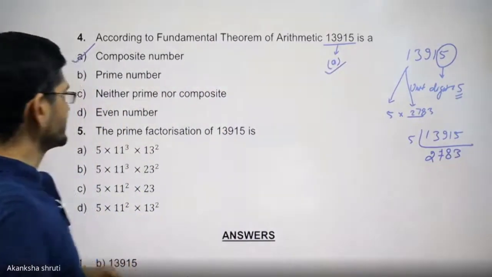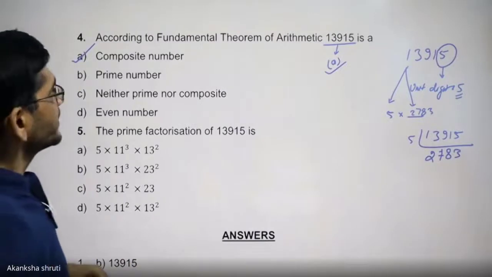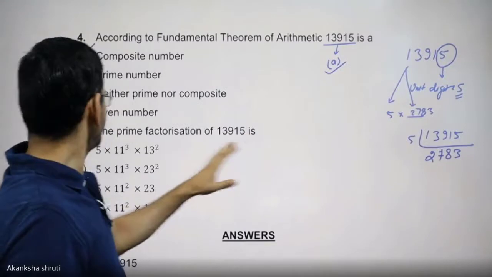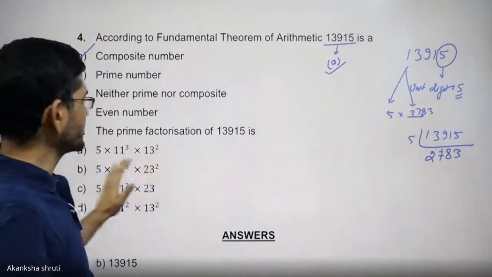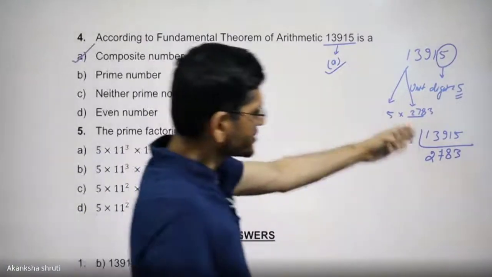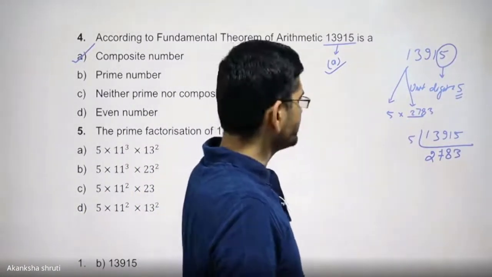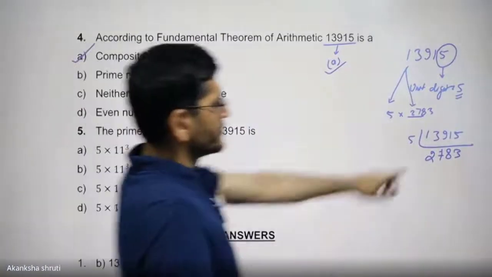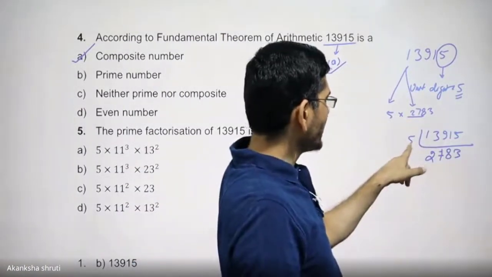That much easy. Students, in the next part, see, 13915 has to be written as a product of its prime factors. So let us continue with the factorization of 13915. Unit digit is 5. We have tried with the 5.